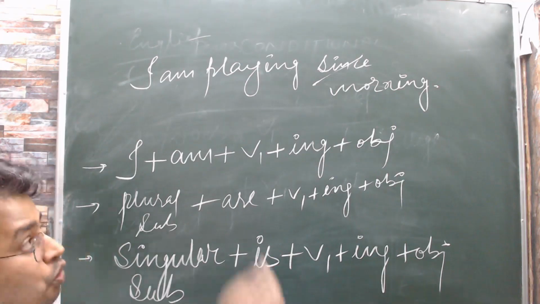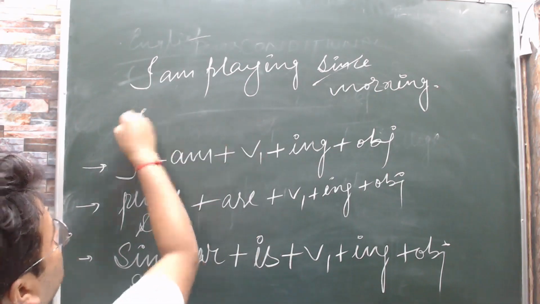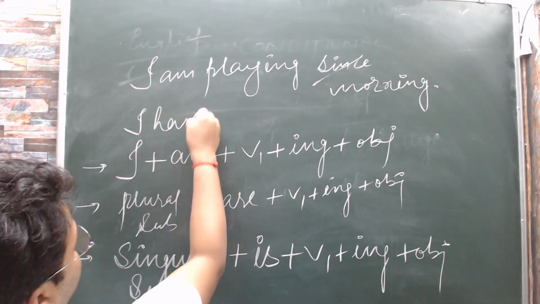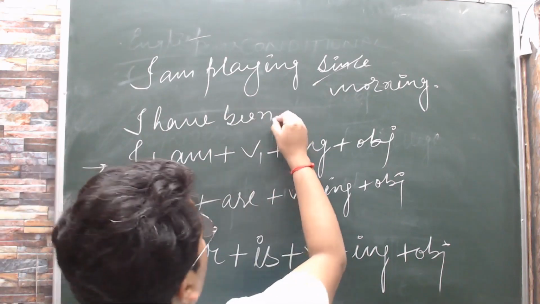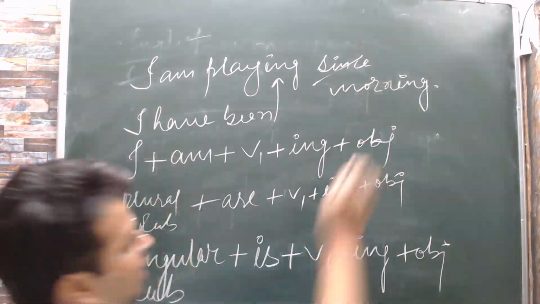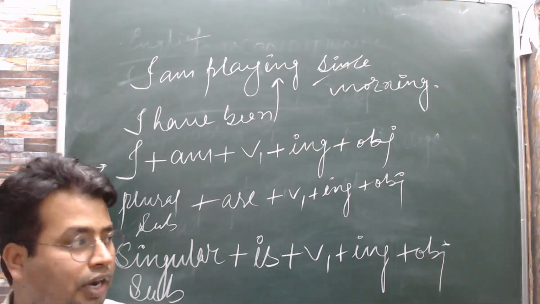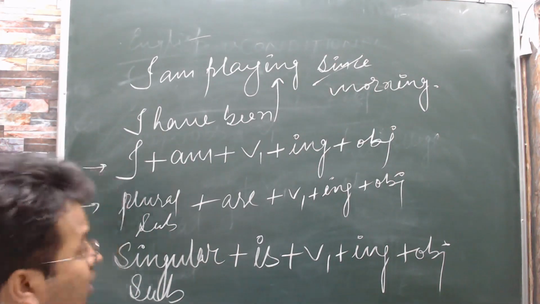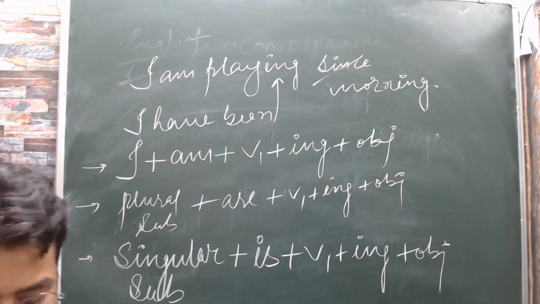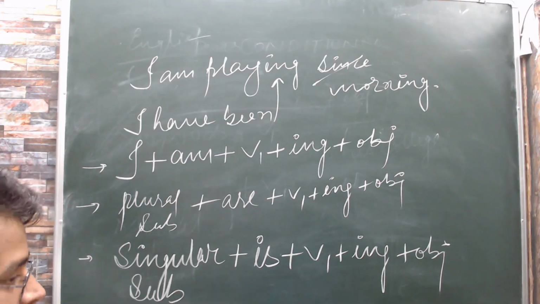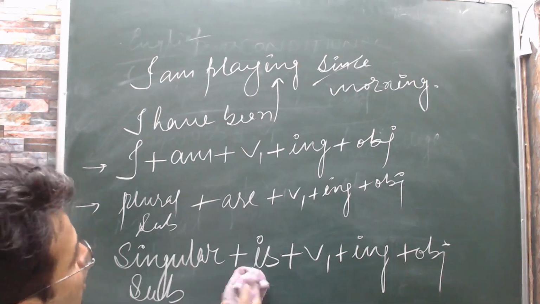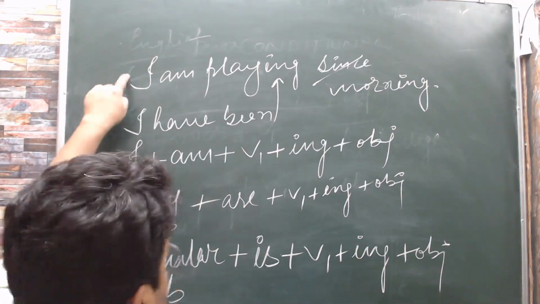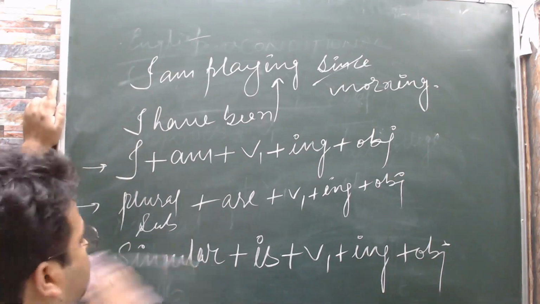So if you want to use since, you need to use have been: I have been playing since morning, right? So this is the formation of simple present continuous tense, and this is the minor mistake which comes in exams, right?